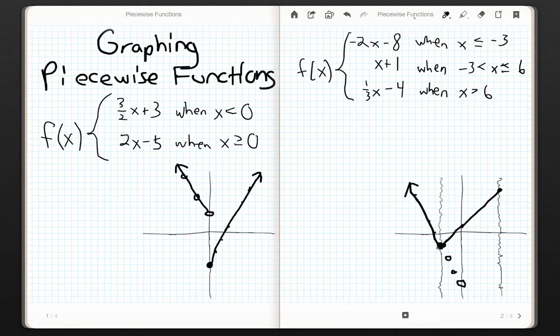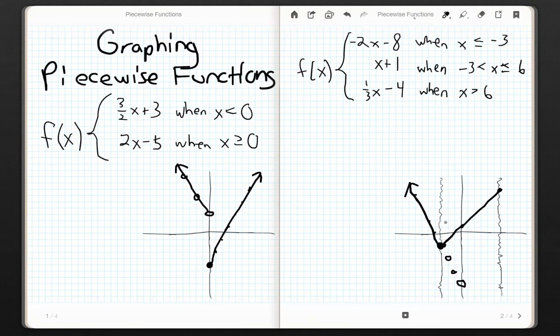So since we can't really show a closed point and an open point at the same time, we're just going to leave it as a closed point. Because if you look at the picture, on this line there is only one closed point, which means that this is still a function, because it's a function as long as it only has one closed point on every x value. So if we can't show the open circle, that's okay.